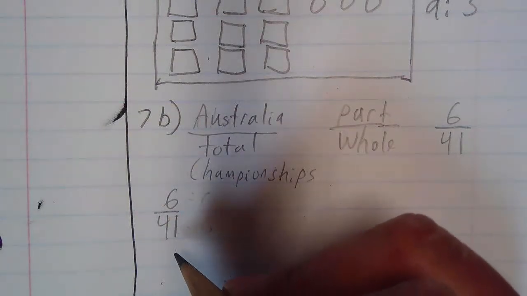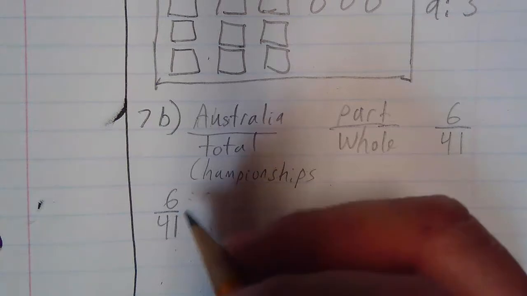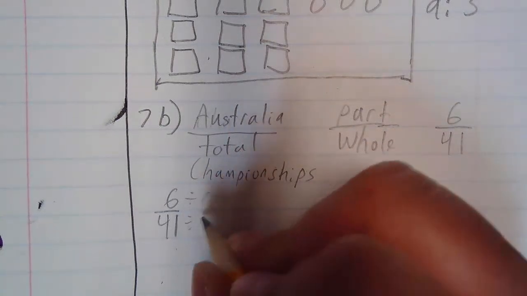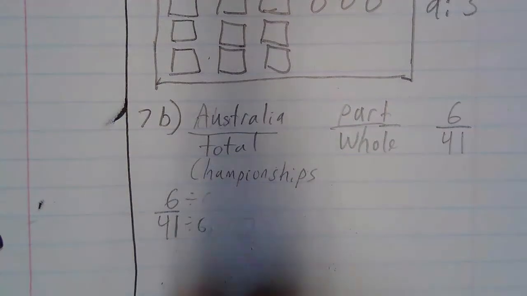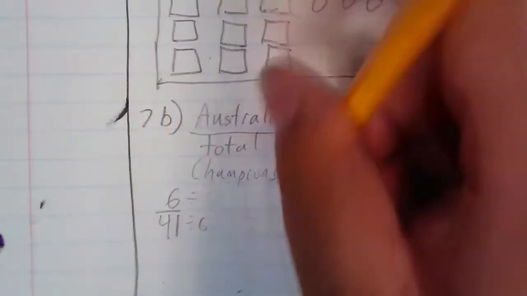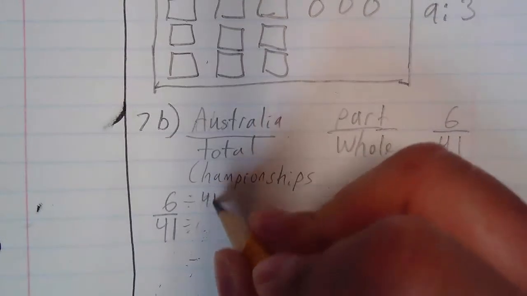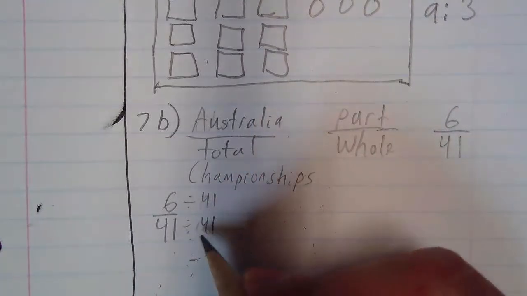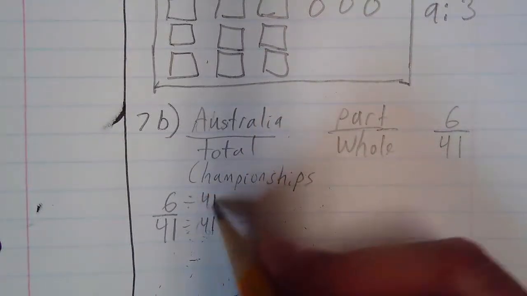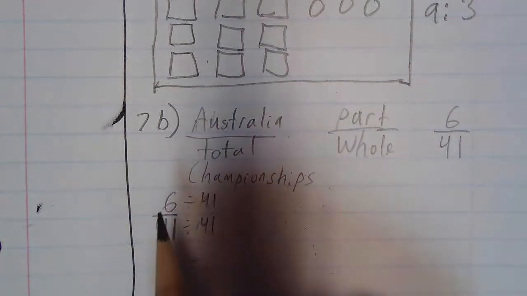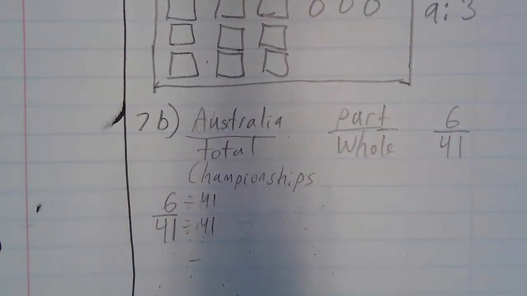And if it's prime, that means the only factors it has are 1 and itself. Now, I can't divide these by 6. You just saw that. And I can't divide it by 41. This would work. 41 divided by 41 is 1. But this is not going to give you a whole number. It's going to give you some weird number. You can't break up 6 into 41 and get a whole number. You'll get a decimal number.